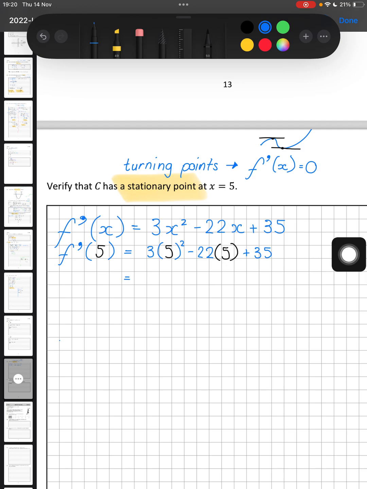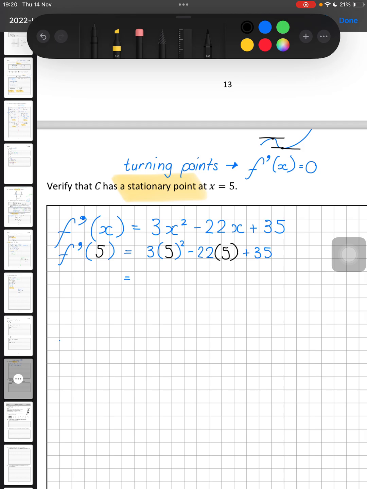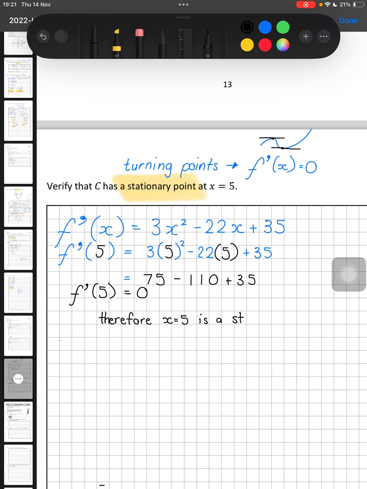So 3 by 25 is 75. Then here minus 110 plus 35. So I see that it is 0. So f dash of 5 is equal to 0. Therefore it is a stationary point. Therefore x equals 5 is a stationary point. That's one way of doing it.